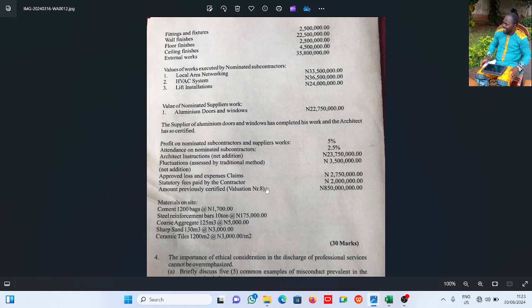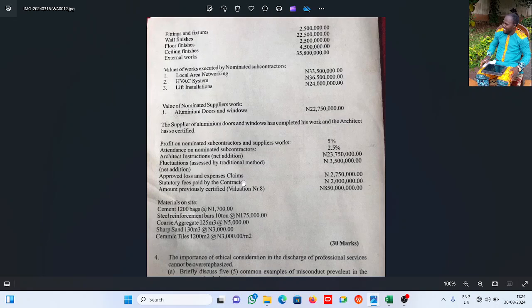Let's now look at the approved loss and expense claim. Loss and expense claims are claims presented by contractors for additional costs incurred in the execution of an item of work, basically caused by the client.